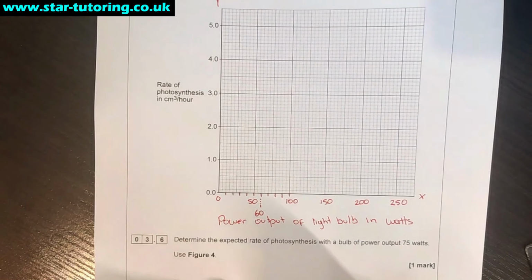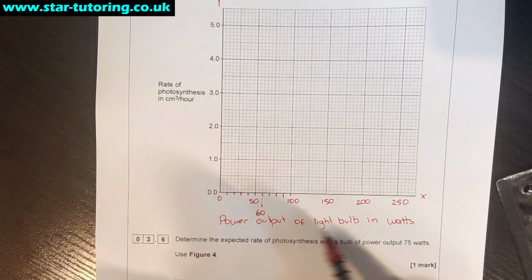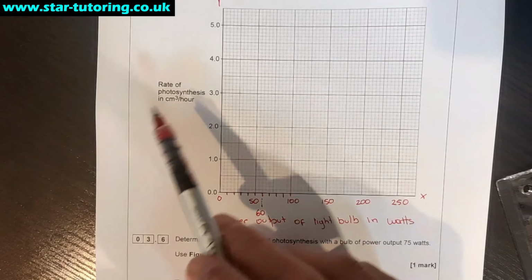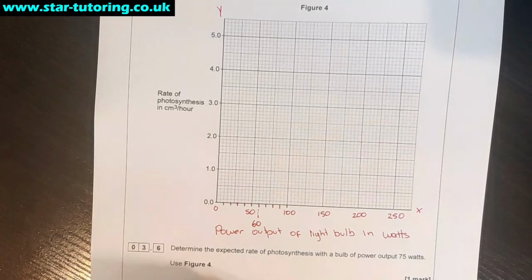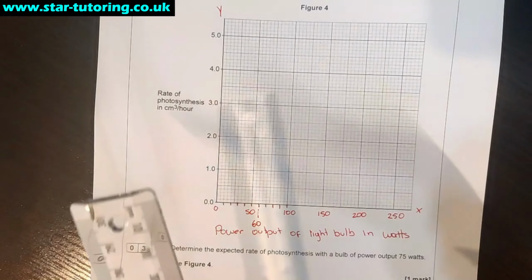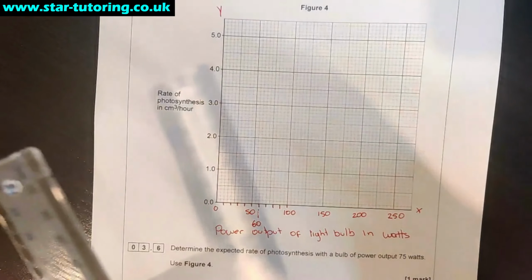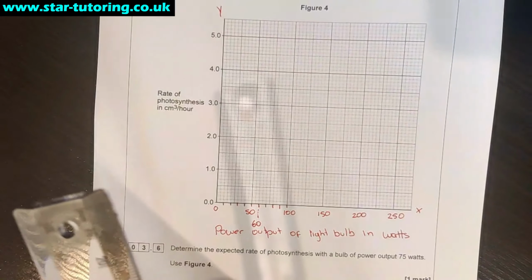And now all we have to do is plot the power output of the light bulbs against the rate of photosynthesis. You've got to make sure we get this correct. I'm going to use a ruler to make sure that I follow the lines appropriately, because sometimes you can get confused looking at too many squares, and then you get confused about where the dot should go. But using a ruler is going to help you get that more on point.